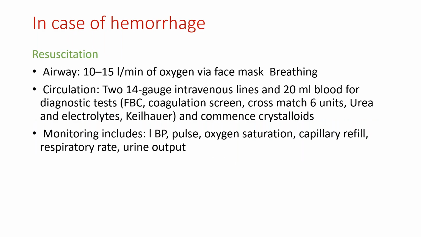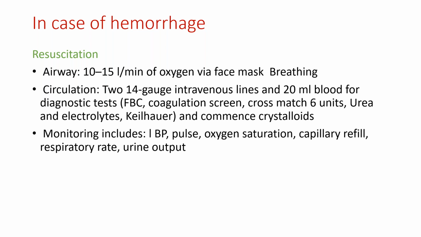So in cases of hemorrhage, the first priority should be to stabilize the patient. So first of all, ABC, as you always follow in a critical patient, airway should be seen, 10 to 15 liters of oxygen via face mask to be given to the patient.